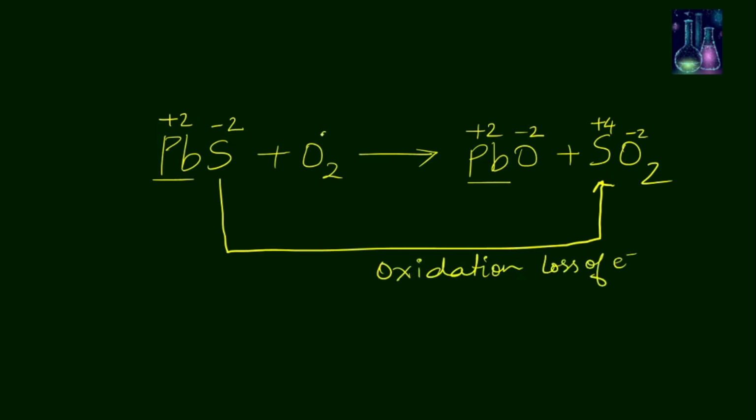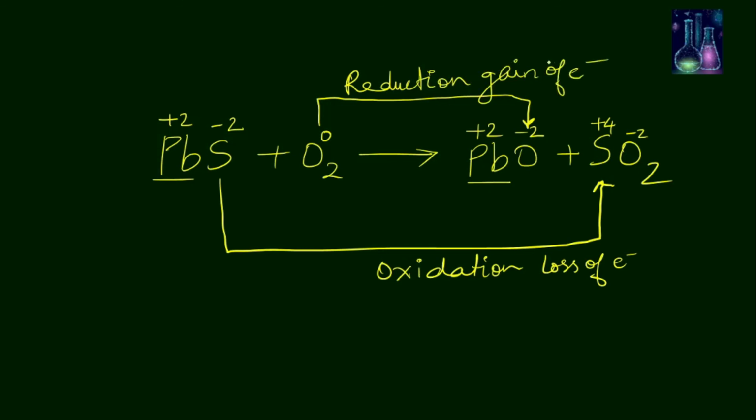And oxygen, which was previously in a free state, O2, its oxidation state changes from 0 to -2. Therefore, it is undergoing reduction, or gain of electron. And definitely PbS will be your reducing agent and oxygen will be your oxidizing agent. Let's try out the last example.